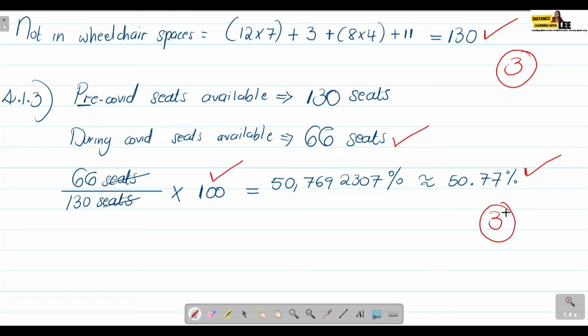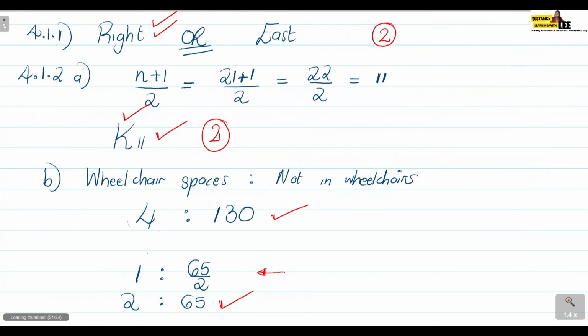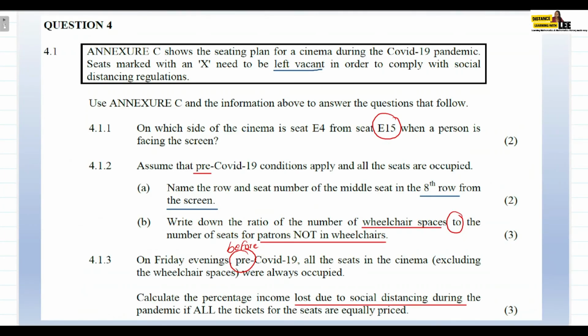Okay, so I hope you guys enjoyed this video tutorial. I hope that I explained it to you guys in a way that was simple and straightforward to understand. And honestly, with these questions, you really need to understand, like when they say E4 from E15, here, guys, you need to be aware that we're dealing with a reference point.